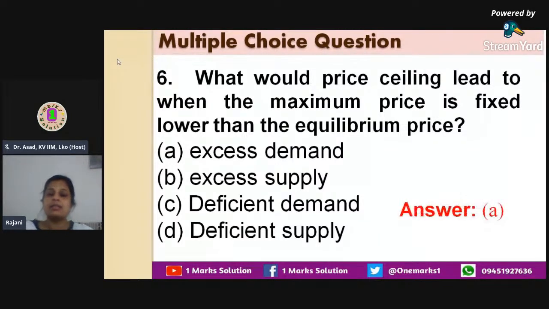Deficient supply is also a possible outcome, since the price is fixed below the equilibrium price, but the price ceiling is meant to protect the consumers. That's why the first option is correct. Excess demand is the correct answer. I hope you understood this concept.